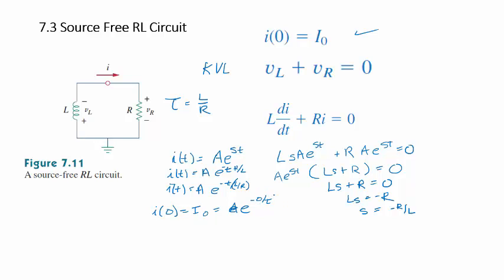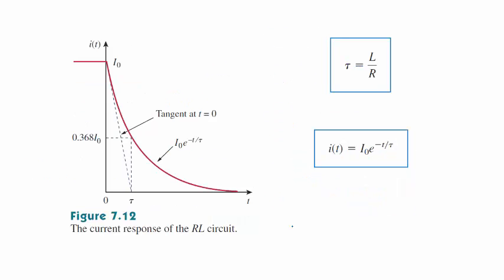E to the 0, anything to the 0 is 1, so I0 equals A, or A equals I0. And so then we get our final equation that describes the natural response of an RL circuit. So here it is, right here.